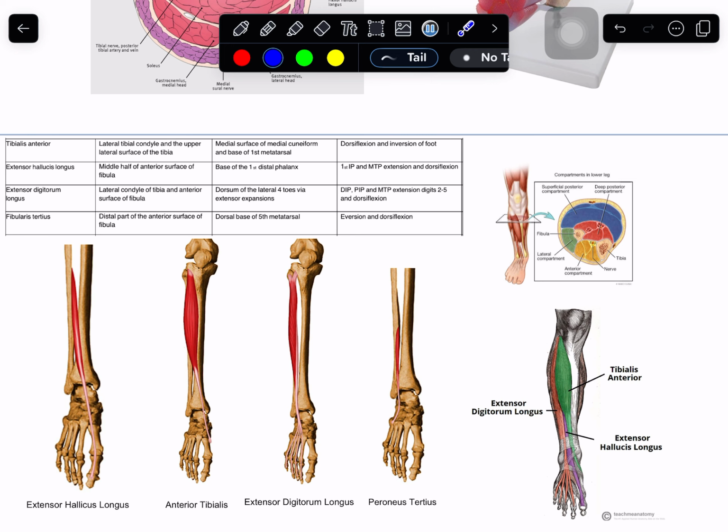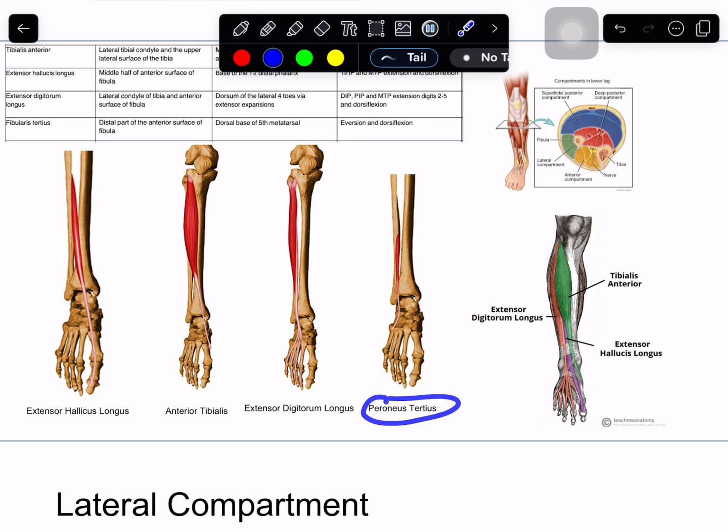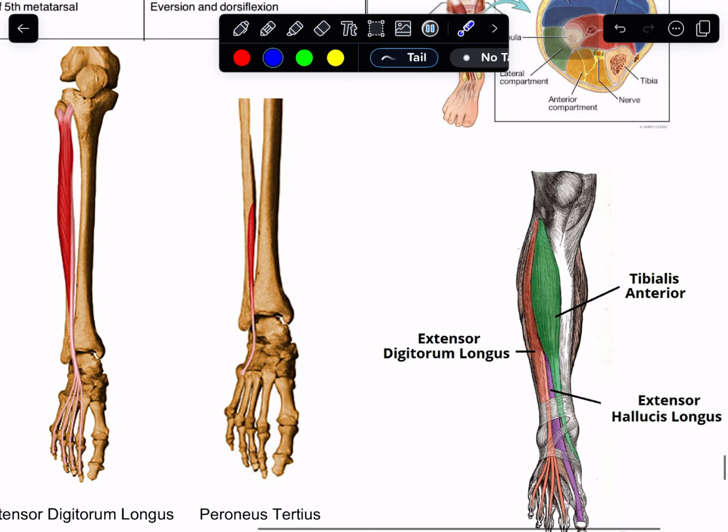So now I want to jump over into the peroneus tertius, fibularis tertius, however you want to go about it. They're both acceptable. This one's a little bit more obvious, right? Contrary to what we saw with the anterior tibialis, we can see that now the tendon tends to run a little bit more on the lateral side of the ankle.